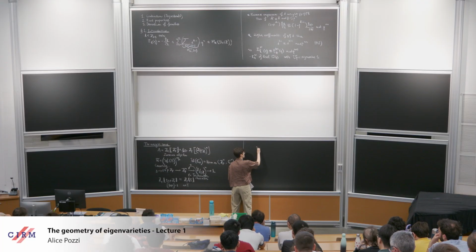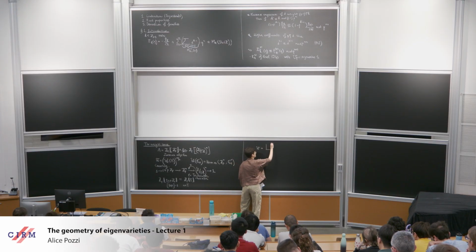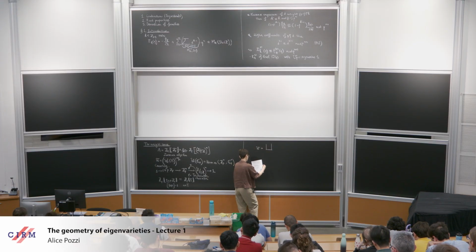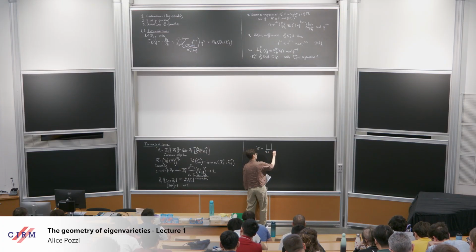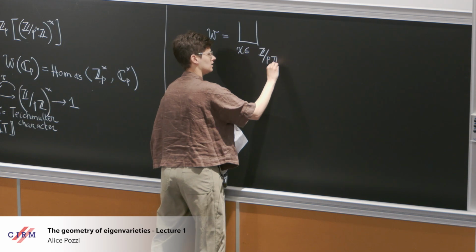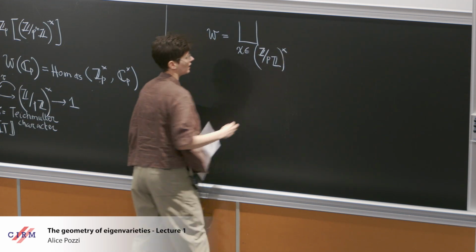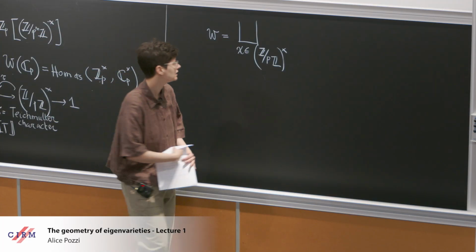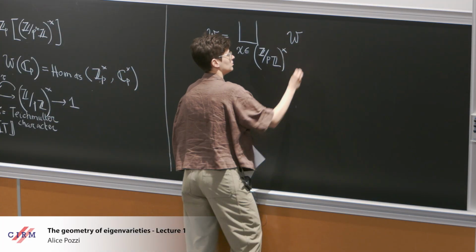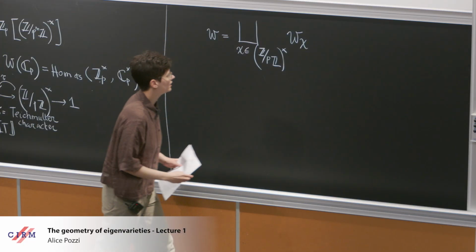which provides a description of the weight space as a disjoint union parameterized by characters of Z mod p Z, that in practice are just powers of the Teichmüller character, that I've defined as W chi.